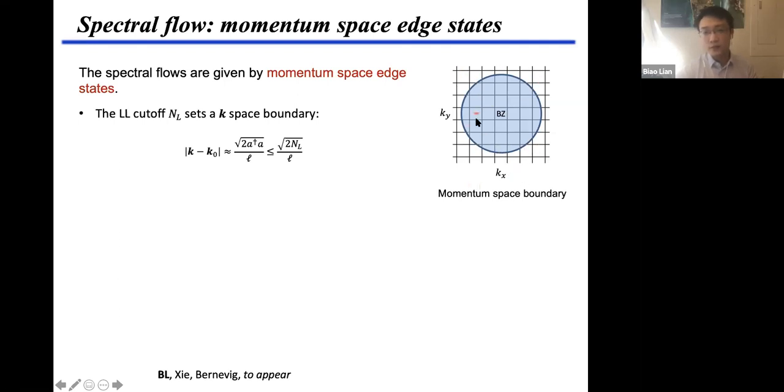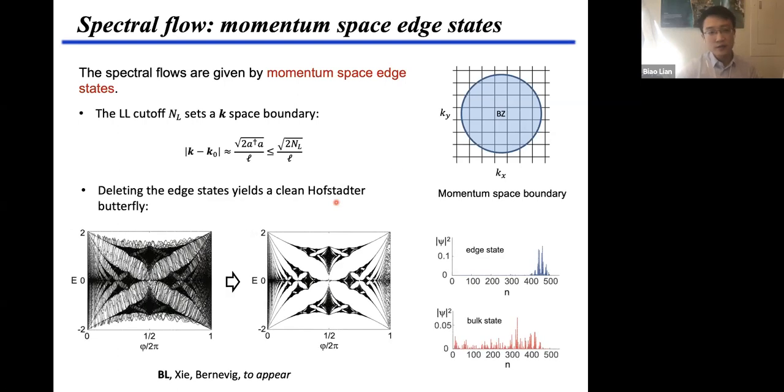Then you would find your quasi-momentum in this bigger space cannot exceed a radius proportional to square root of N_L. So if you regard the model as a momentum space model in this reciprocal lattice, you find these in-gap states can be understood as the edge states in this momentum space.